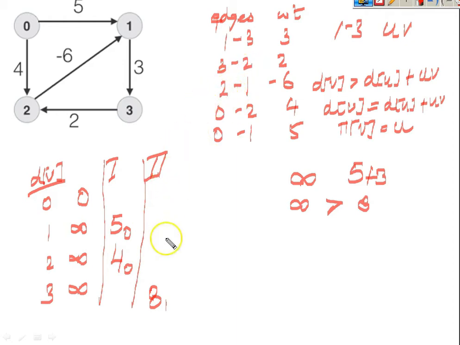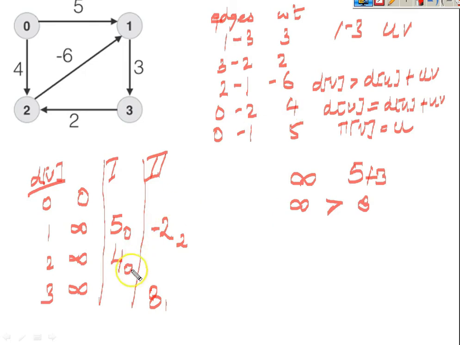Now 2 is 4, and 4 minus 6 is minus 2, and this is 5. So minus 2 is actually less than 5, so I am going to change this d value. I will write here minus 2, and I am getting this because of 2. Now 0 to 2, 0 is 0, and this is 4, and 2 is 4.